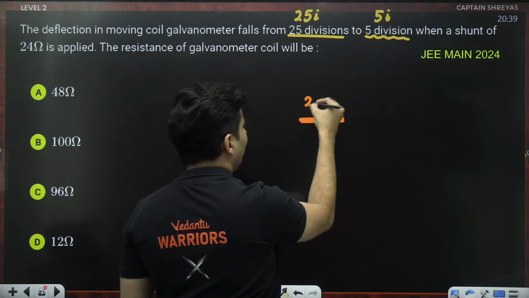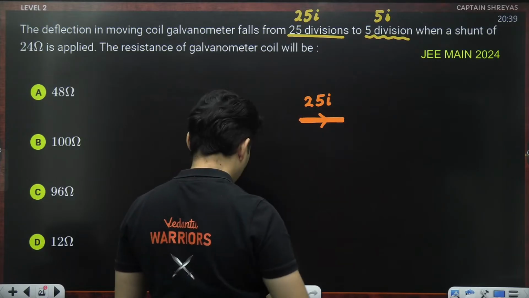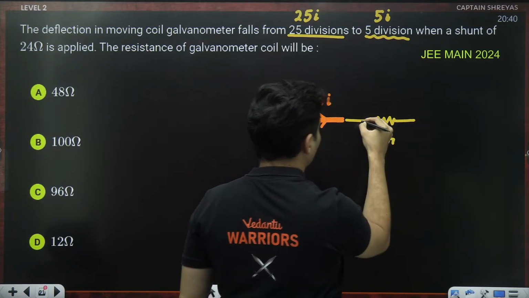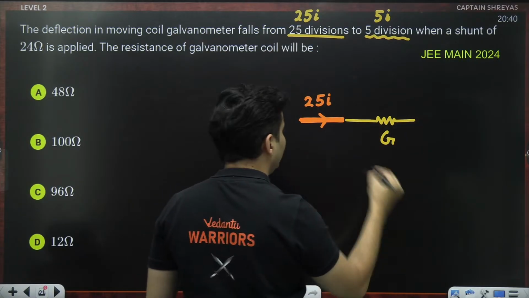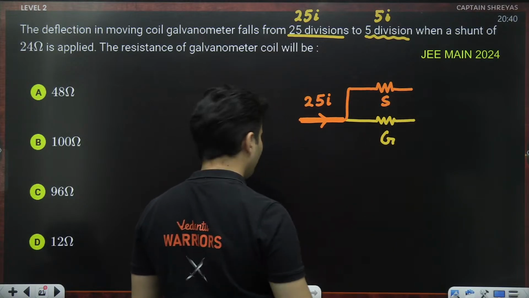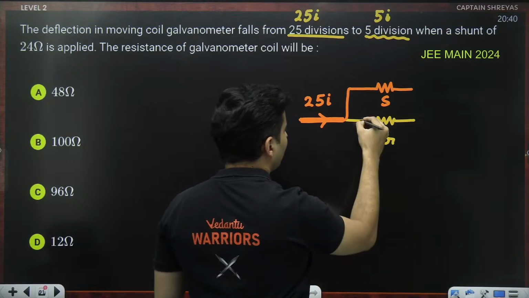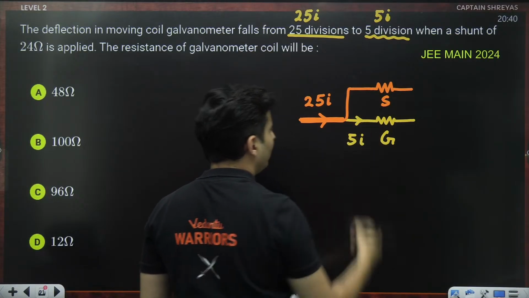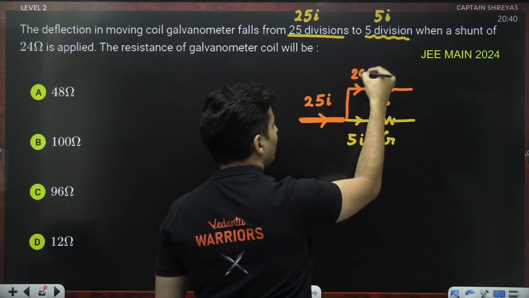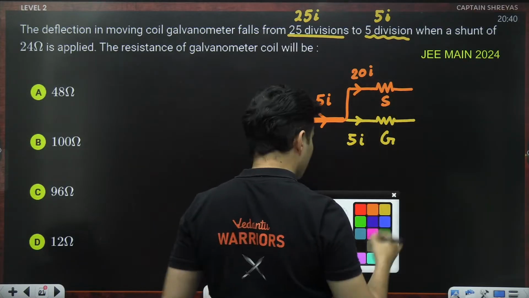Think of it this way: originally 25I of current was trying to flow through the galvanometer, but because you have connected a shunt, only 5I amount of current goes through it. That means the remaining current, 20I, will go through the shunt resistance.